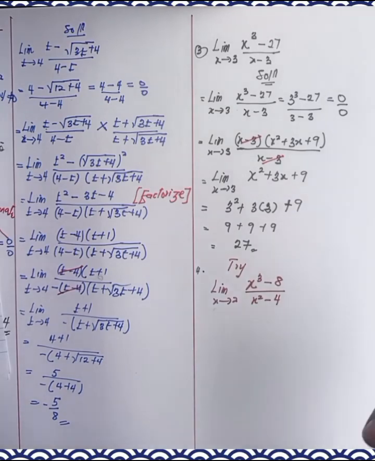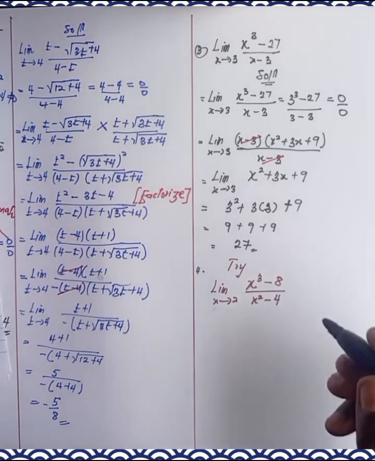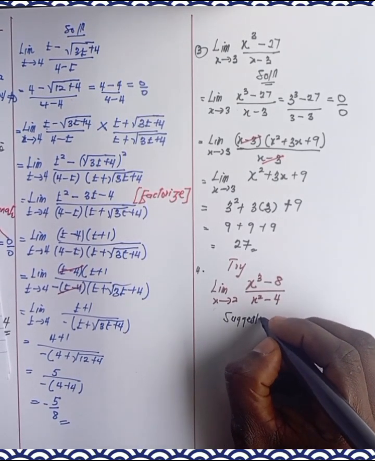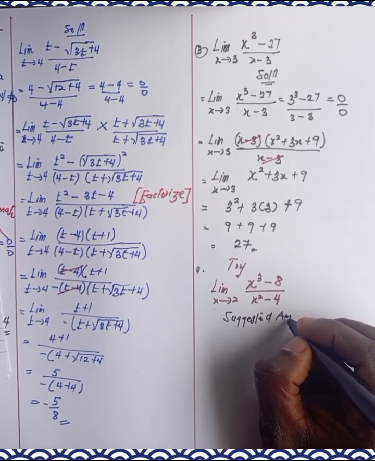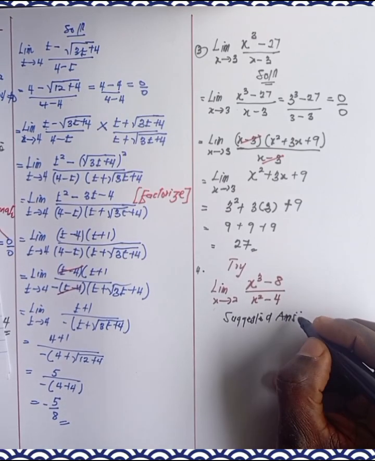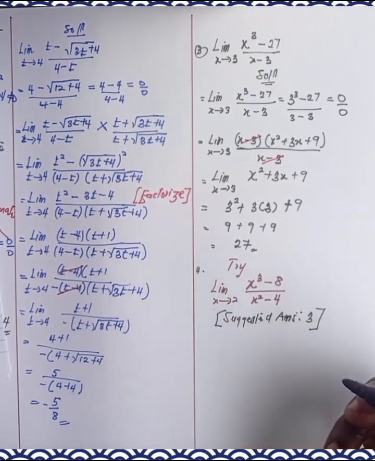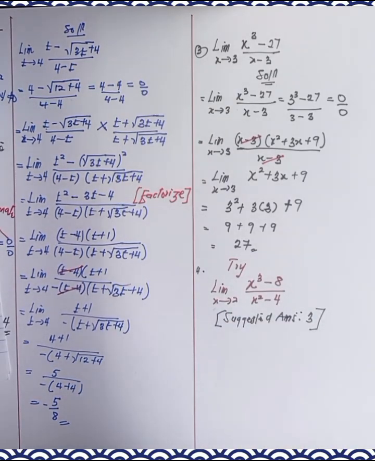Now the suggested answer for this question, so I'm writing the suggested answer here, is 3. So you can try your hands on it and then compare your answer with what I get.